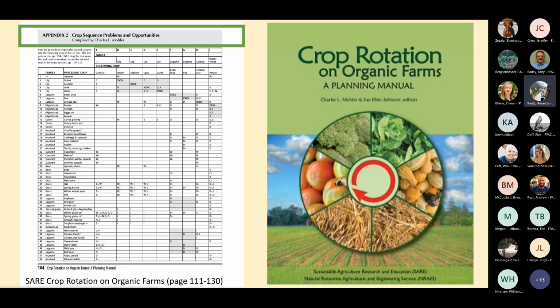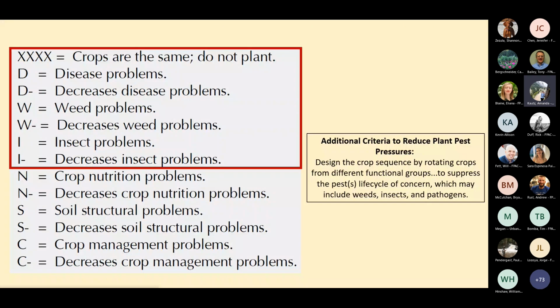One of these things we're going to use is the SARE crop rotation on organic farms. And they've got a nice table in here that you can see the preceding crop and the following crops. And we're going to use that for the purposes of checking this. We're going to look at disease problems, weed problems, insect problems, and then it will also tell you if crops are the same, as in the case of this example that we're going to use.